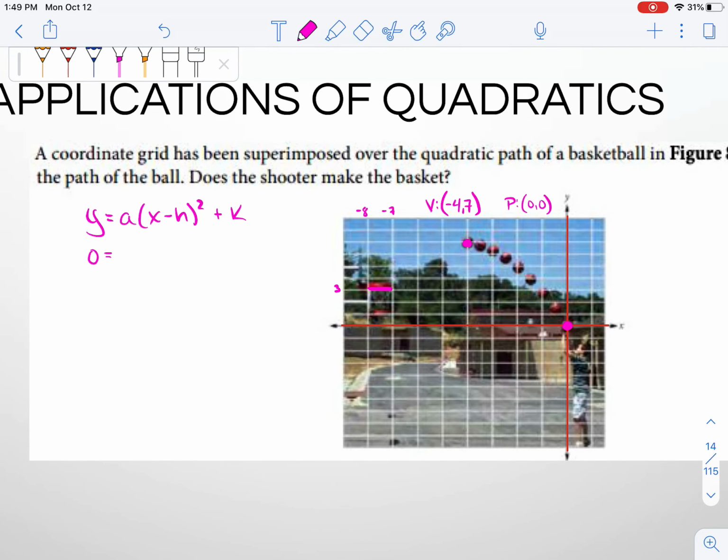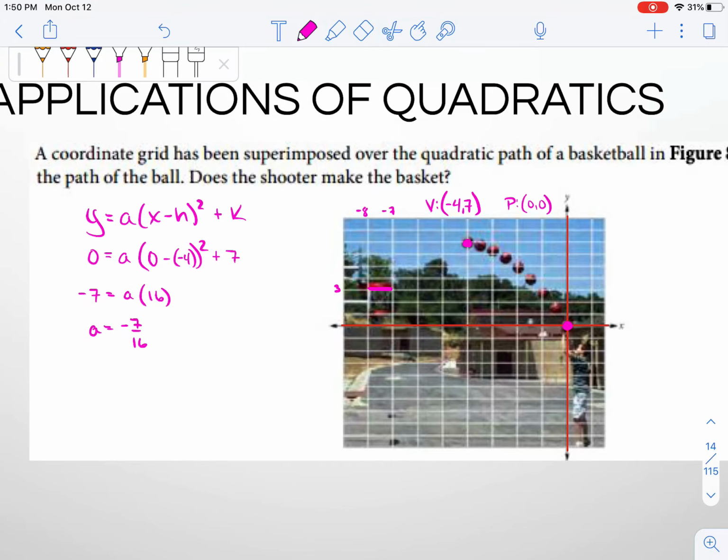Okay, so let's do a little bit of math here. We're going to have y = 0 equals a times (0 minus -4) squared, plus 7. So if I want to solve for a, I'm going to end up with -7 equals a times 16, or a equals -7/16.